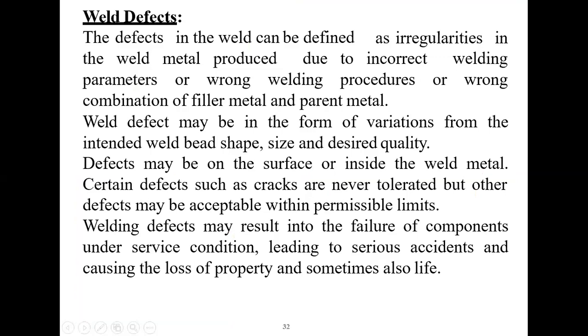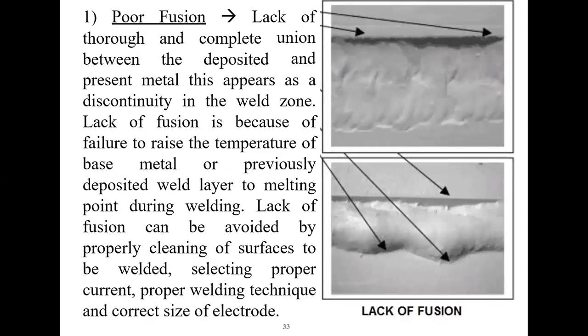Now I'm coming to the defects. There are several other types of welding I'm not discussing here. At first I'm going to discuss poor fusion. This is the picture; through this picture we cannot understand it easily. It is the lack of thorough and complete union between the deposited and the parent metal.